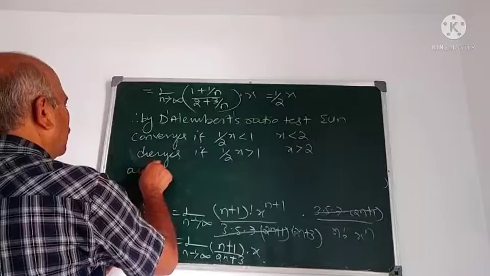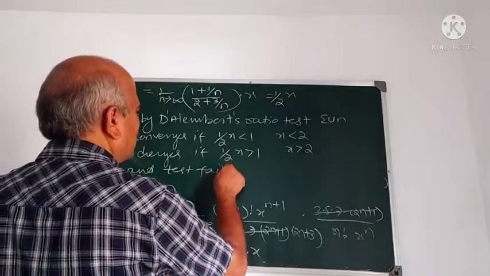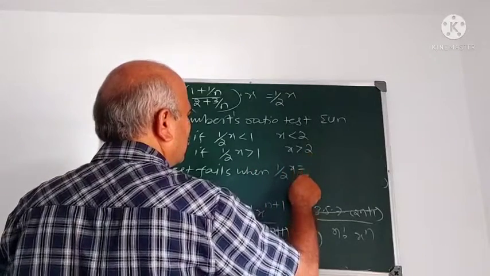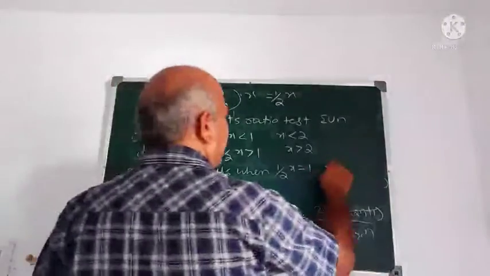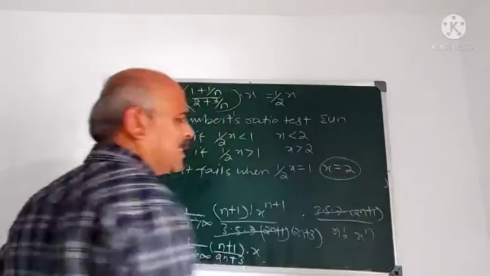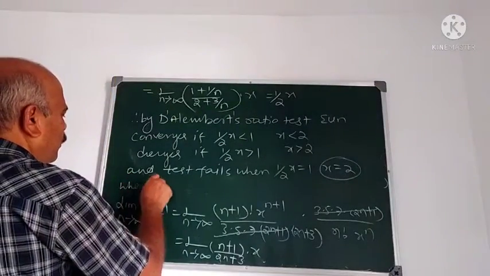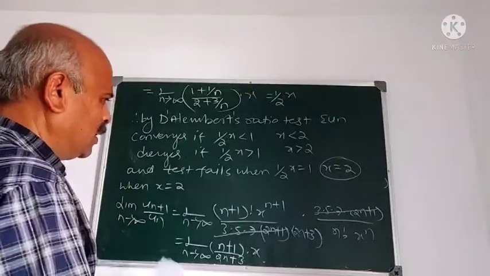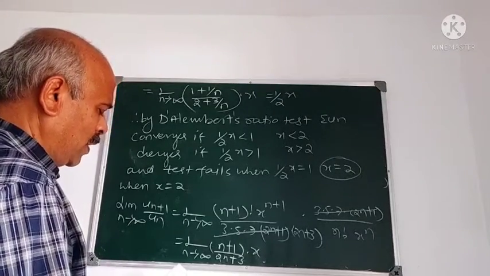And the test fails when 1 by 2x is equal to 1, that is x is equal to 2. Now when x is equal to 2, the test fails.